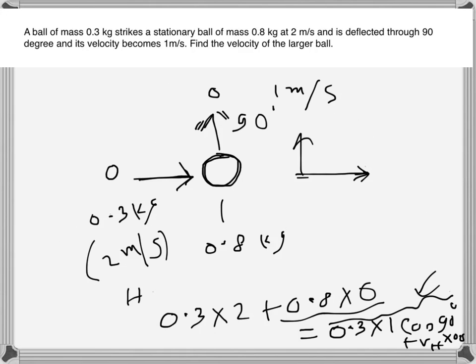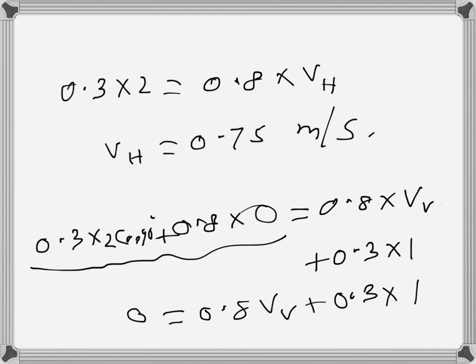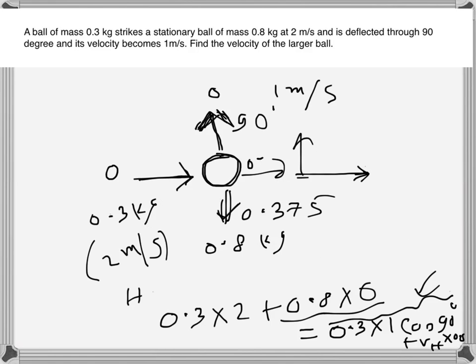Since that was negative and we assumed the first ball went in that direction, the second ball's vertical component is in the other direction, which is why it's negative. So this one is 0.375 in that direction, and in this direction the second ball's velocity component is 0.75.